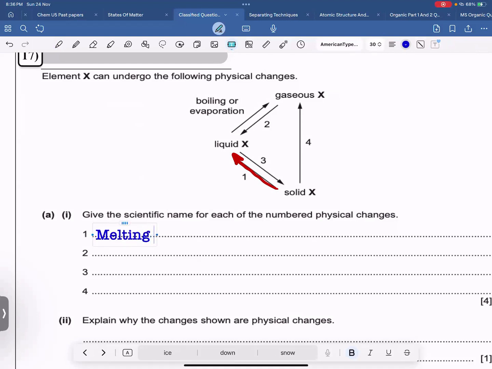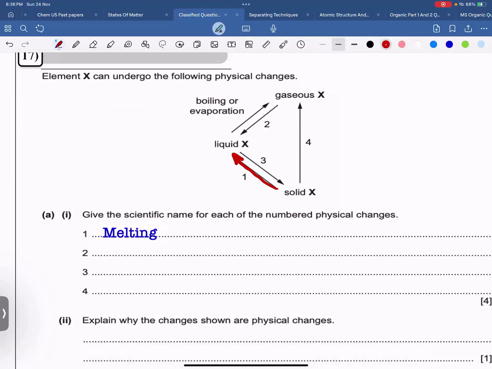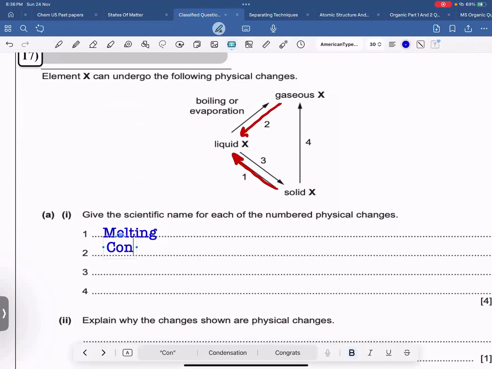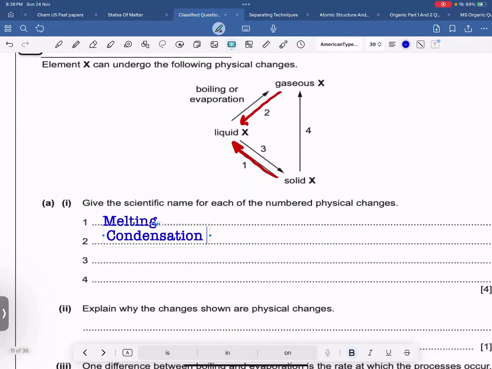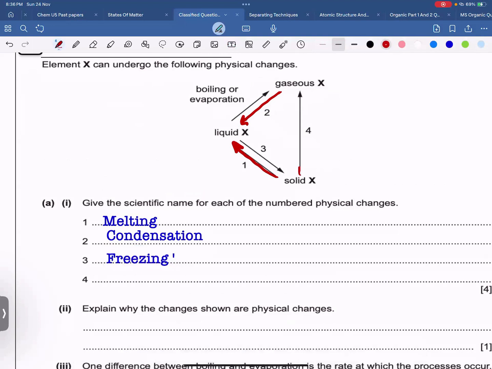Number two, gaseous to liquid, which is condensation. Number 3, from liquid into solid X, which is freezing. And number 4, from solid to gas directly, which is sublimation.